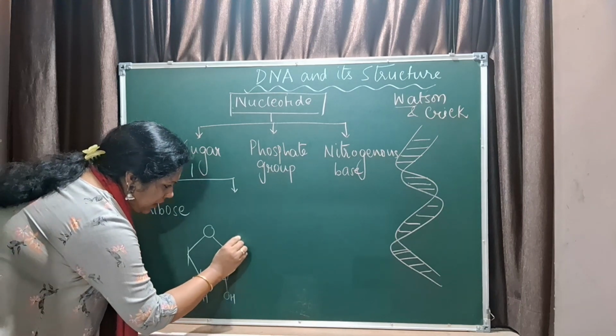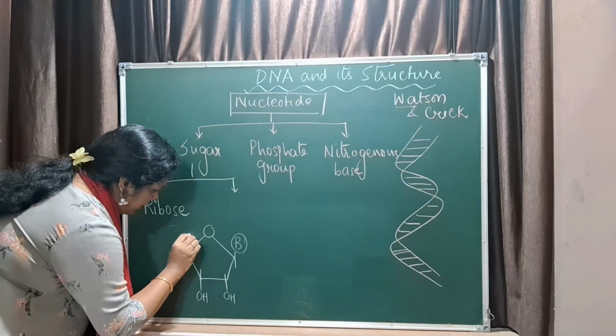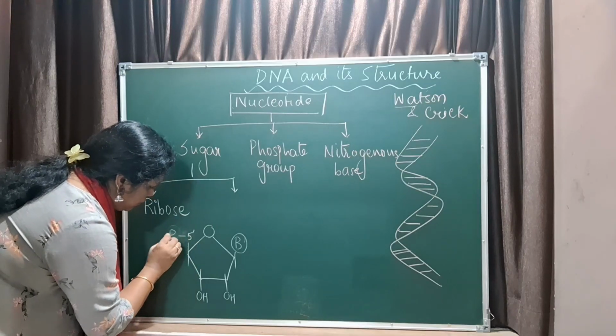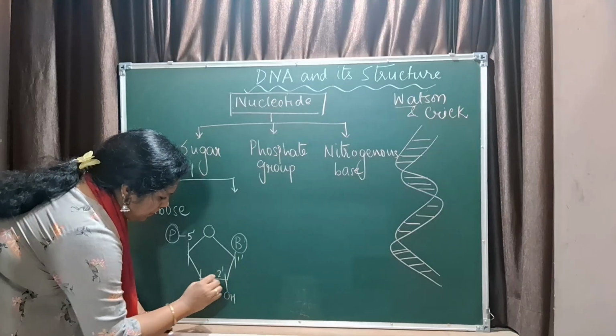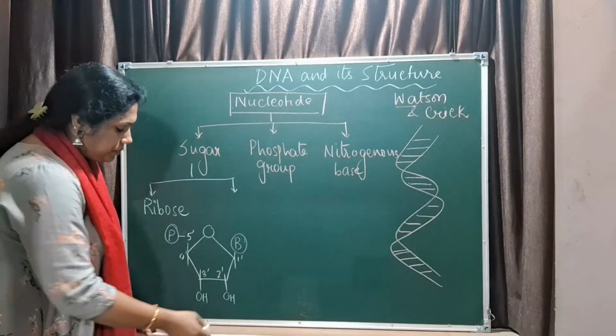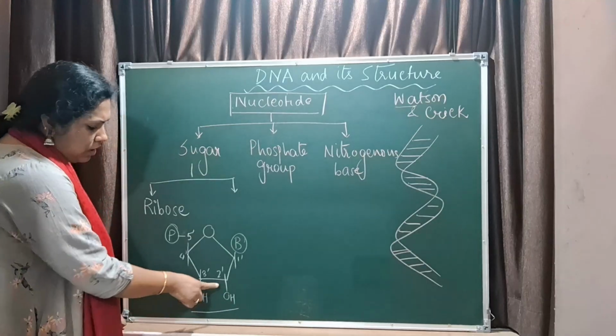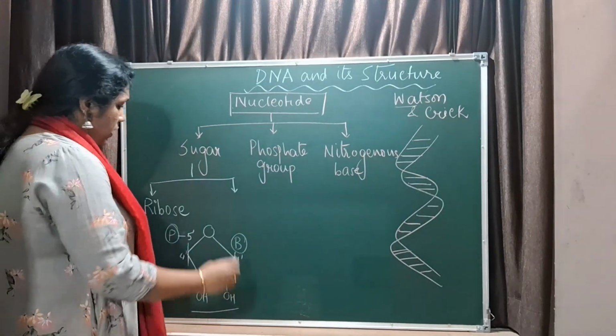This is the point of attachment of the nitrogenous base, and here you have the 5 prime carbon, which is attached to the phosphate. This is the numbering system: 1 prime, 2 prime, 3 prime, 4 prime and 5 prime of the sugar. In ribose sugar, at both the 2 prime and 3 prime positions you have an OH group.